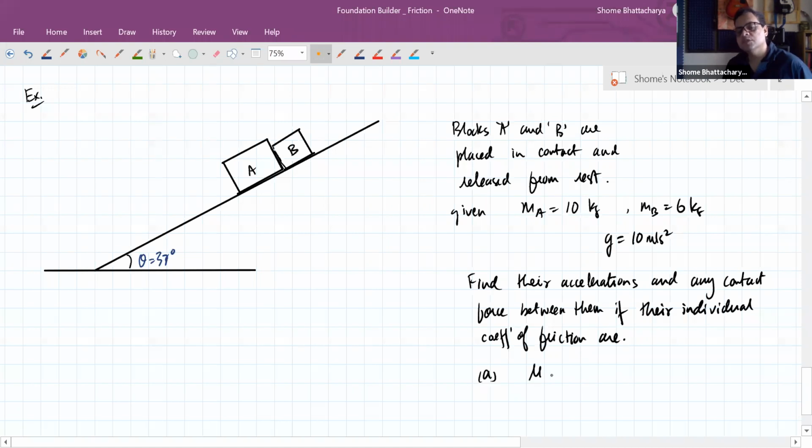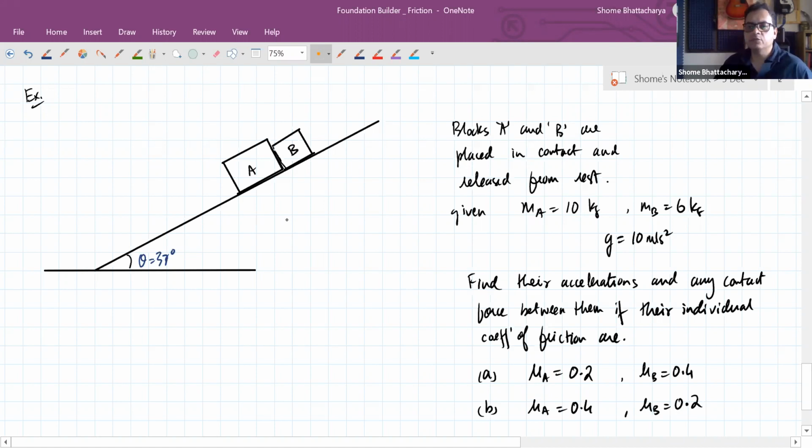In the first case, the coefficient of friction of A is 0.2 and the coefficient of friction of B is 0.4. In the second case, the coefficient of friction of A is 0.4, whereas the coefficient of friction of B is 0.2. So the blocks A and B are assumed to be made of different materials.